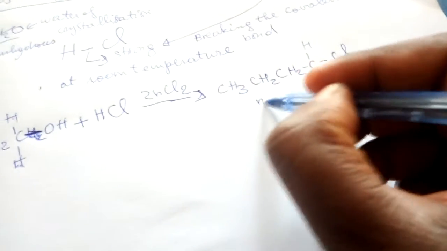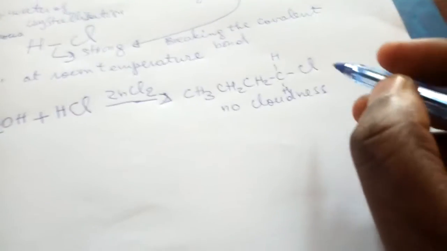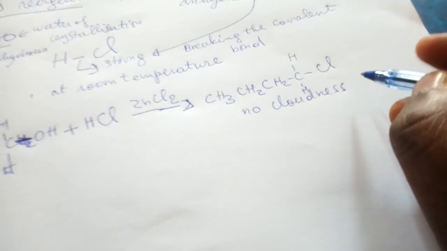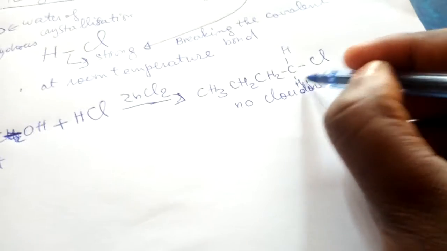When it is not enough, there is no cloudiness or white precipitate in the middle of the liquid phase, which is what we call cloudiness. Here the cloudiness is not present.